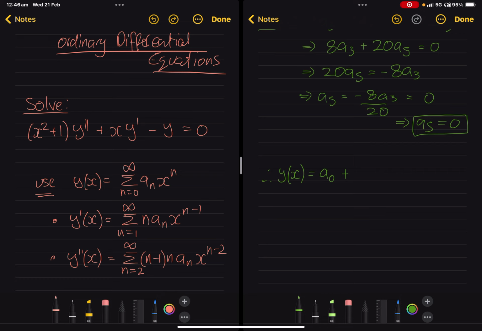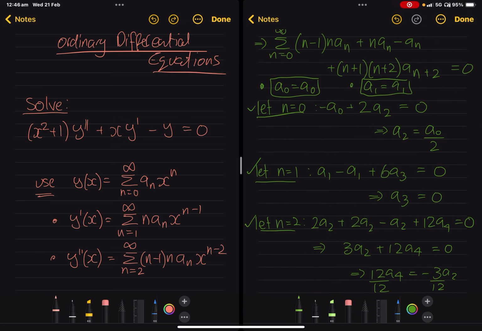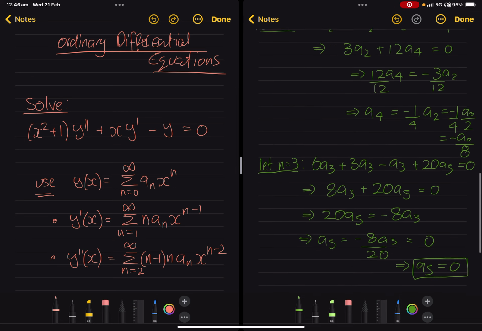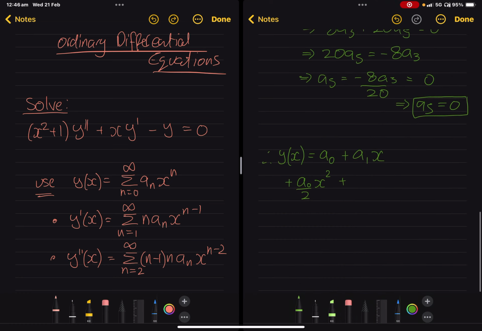plus a1 times x plus a2 times x squared. Now a2 is a0 on 2. So this will be a0 on 2 times x squared plus a3 times x cubed. But a3 we found is 0, so this is 0 times x cubed.